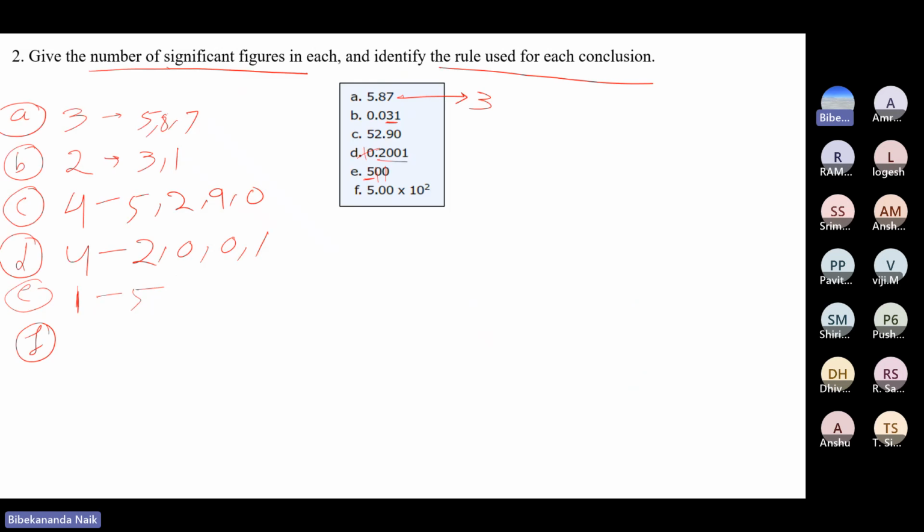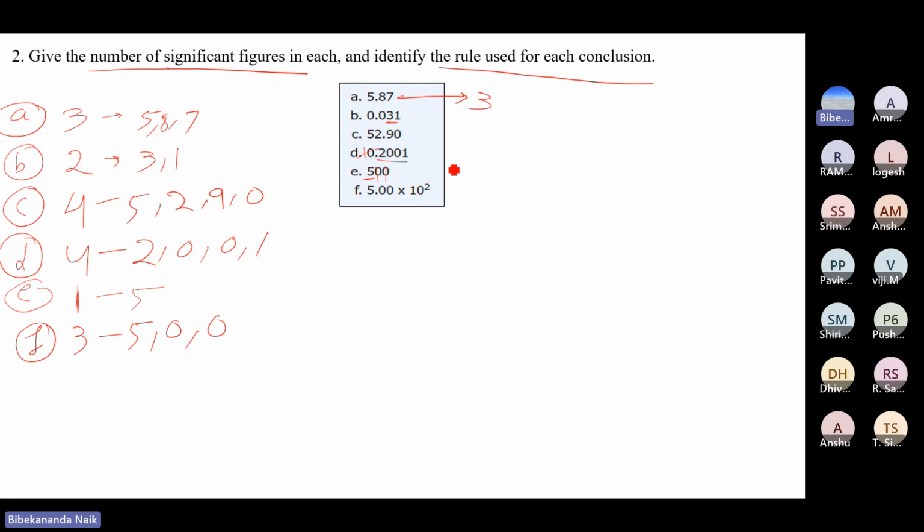So here, considering that rule, only this 5 and these 2 zeros are significant, and this 2 is not significant, and also the 10 to the power 2, both 10 and 2 have no significance. So the number of significant figures in this case will be 3, and it is 5, 0, 0.